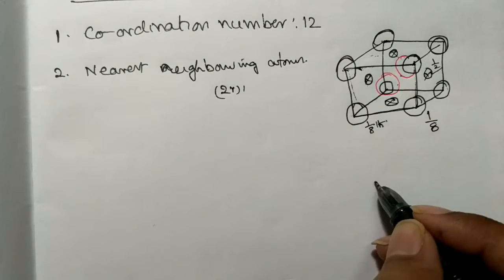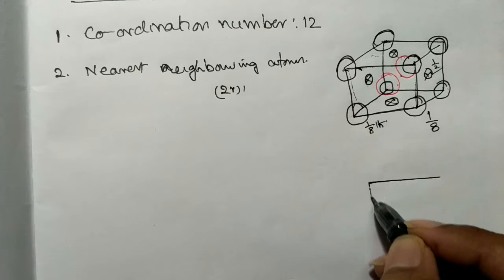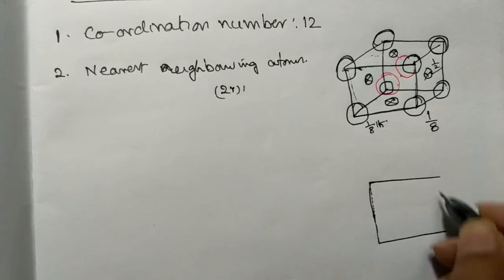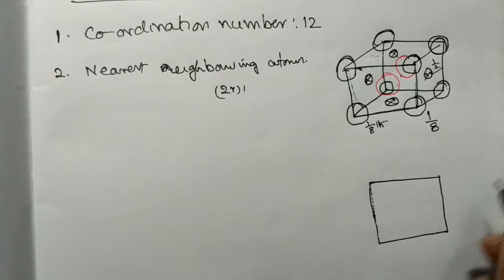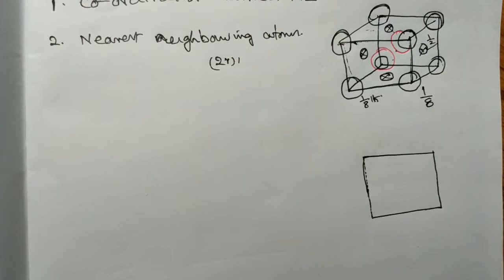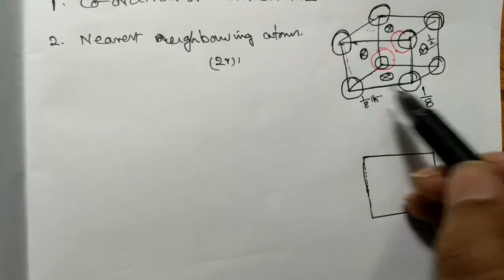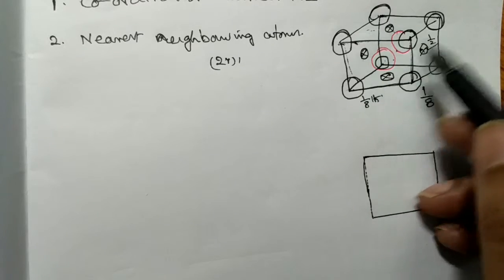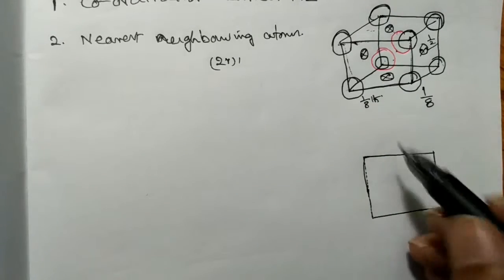No need to draw the complete diagram. We have to consider a face, that is enough for calculation purposes. You consider a face and find a linear chain of any 3 atoms.